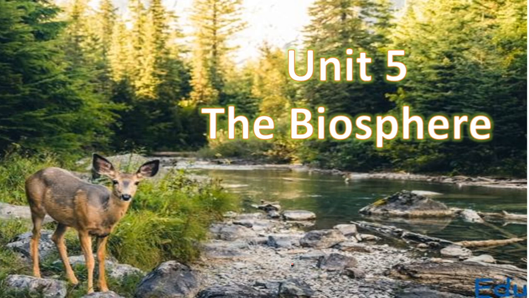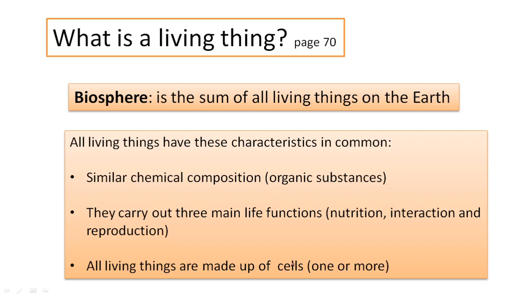So now we know what the biosphere is, and let's see what a living thing is, okay? Because if the biosphere is the layer with all living things, let's see what a living thing is. All living things have three characteristics in common.